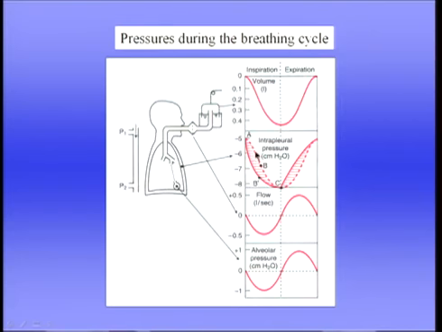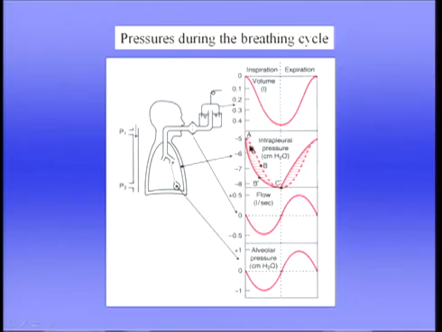So that's the intrapleural pressure falling and then rising again because of the change in lung volume, because you need a certain pressure to expand the lung. But intrapleural pressure falls for an additional reason, and that is because alveolar pressure falls.